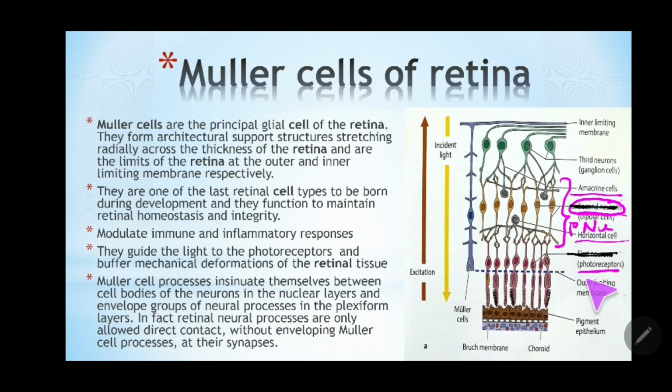You better remember that this is photoreceptors and this is the first order neuron, right? This is the first order neuron and this is the second order neuron. And this optic nerve is formed by the second order neurons. Okay, so we are talking about the Muller's cells.